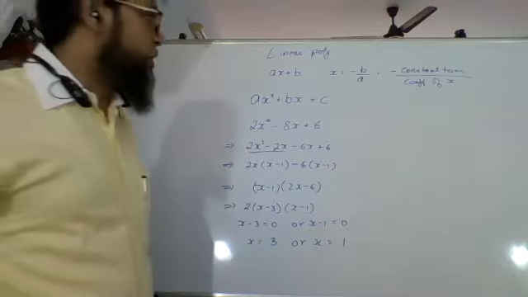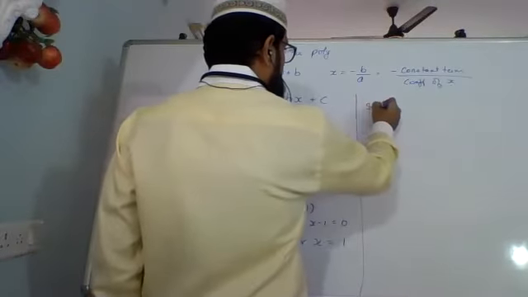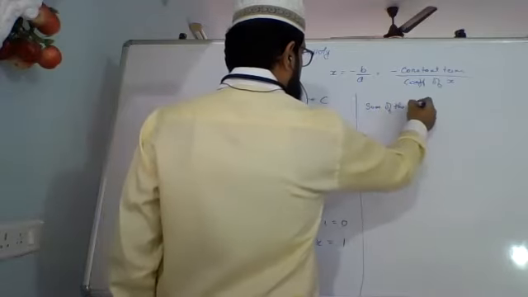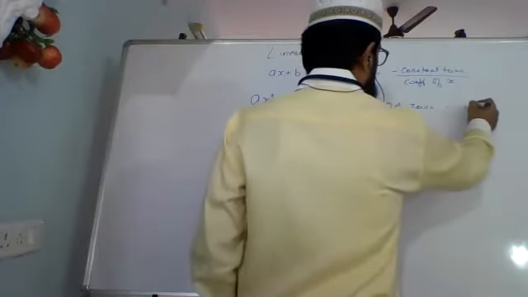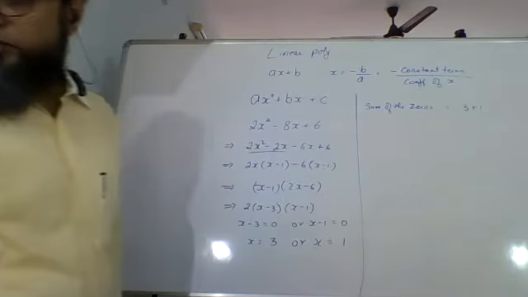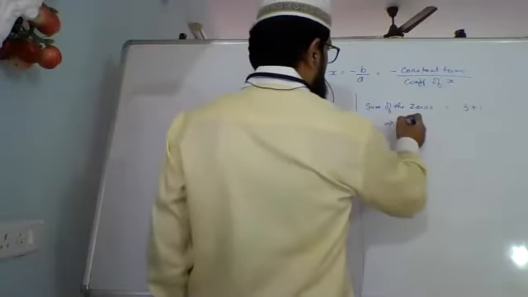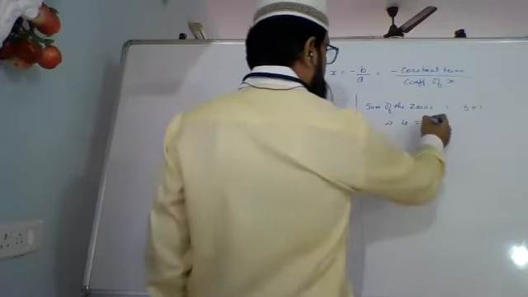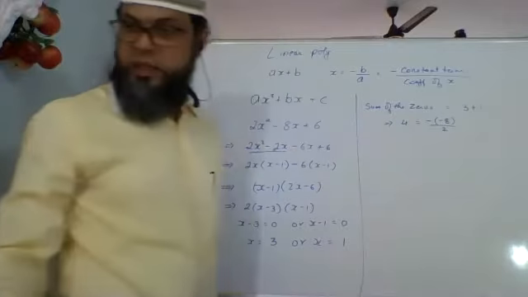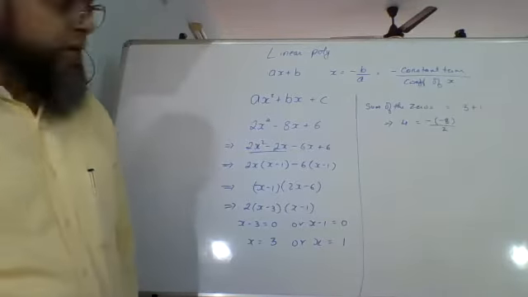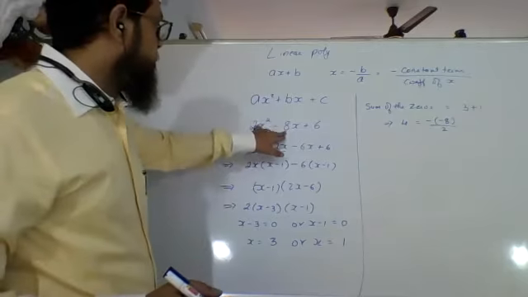Now you'll also see if I take the sum of the zeros. What is the sum of the zeros? That is 3 plus 1, which is nothing but 4, which is nothing but minus of minus 8 upon 2. You'll say, sir, where did you get this from? This is minus 8 and this is upon 2.